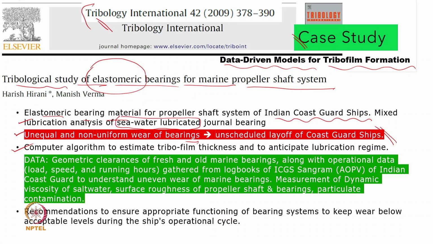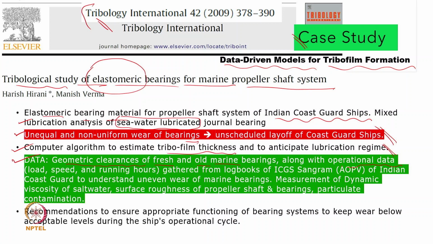So we developed a computer program to estimate film thickness and anticipate the lubricant regime. We got the data related to the dimensions, and we could calculate the geometrical clearance, not only for fresh bearings, even the old bearings which they have replaced.